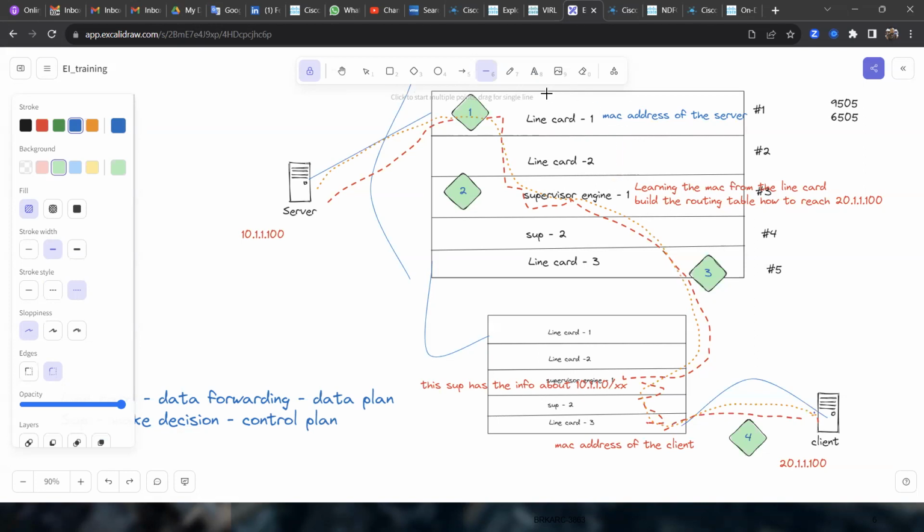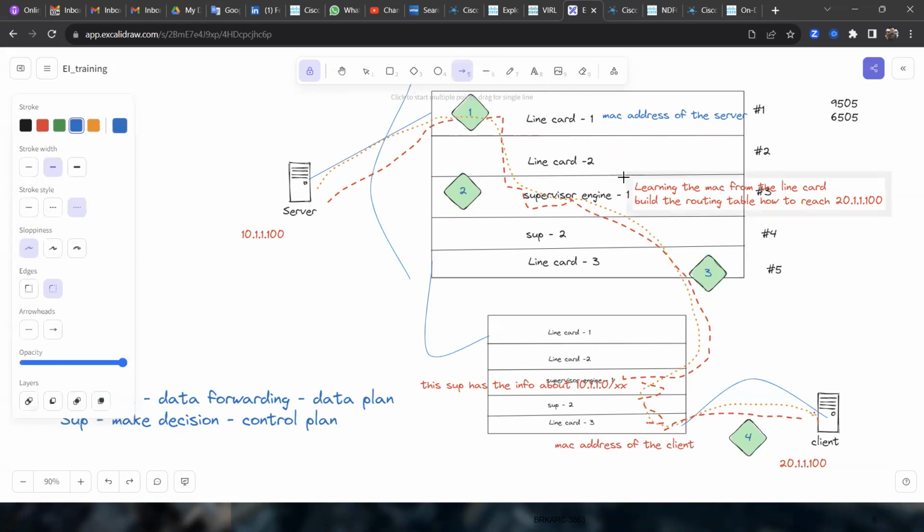So what I am telling here is that they will go and program. That is one of the duties of the supervisor engine: it will go and program the line card, that you take your own routing decision, something called programming within the hardware.